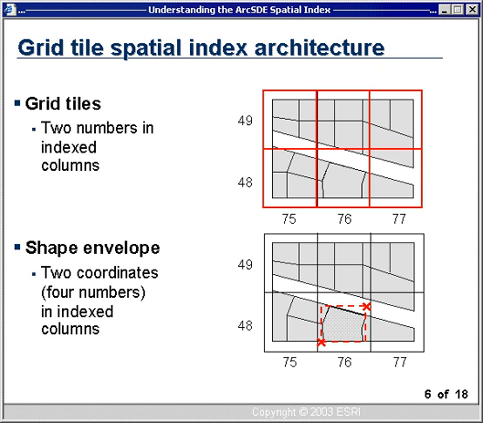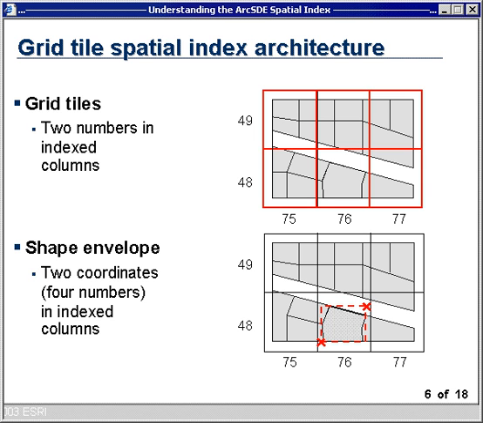Now if you look on the bottom half of the screen, you'll see the next set of values that are stored make up the shape envelope of each shape in your feature class. So what's being stored in this table is a combination of each grid tile and each shape envelope that crosses into that grid tile.